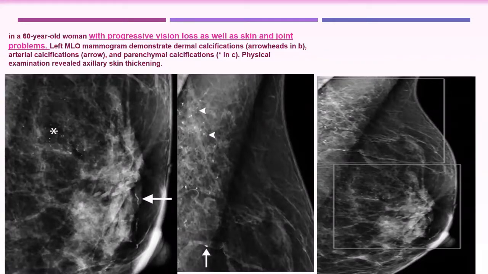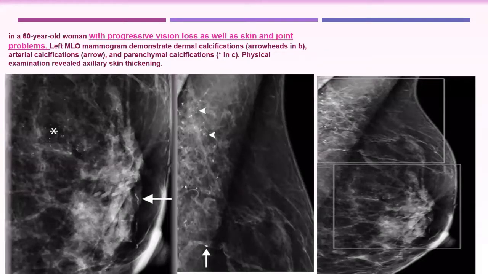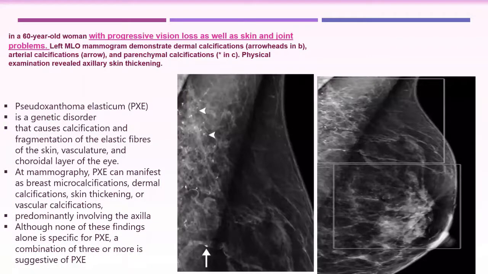You have a combination of dermal abnormality and the condition called pseudoxanthoma elasticum. Pseudoxanthoma elasticum is a genetic disorder. By itself, you can reach this diagnosis by a combination of factors.